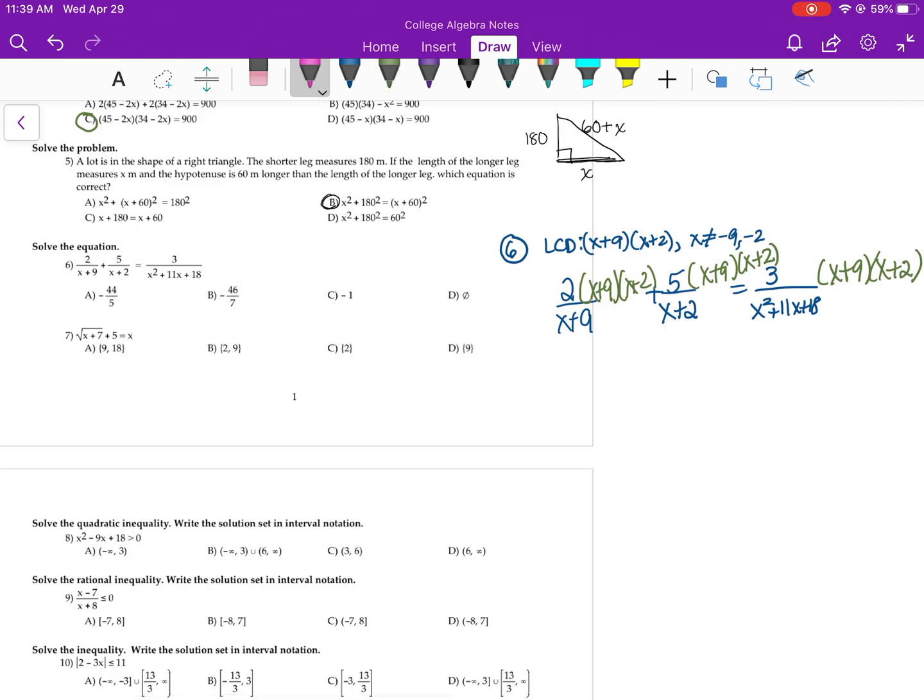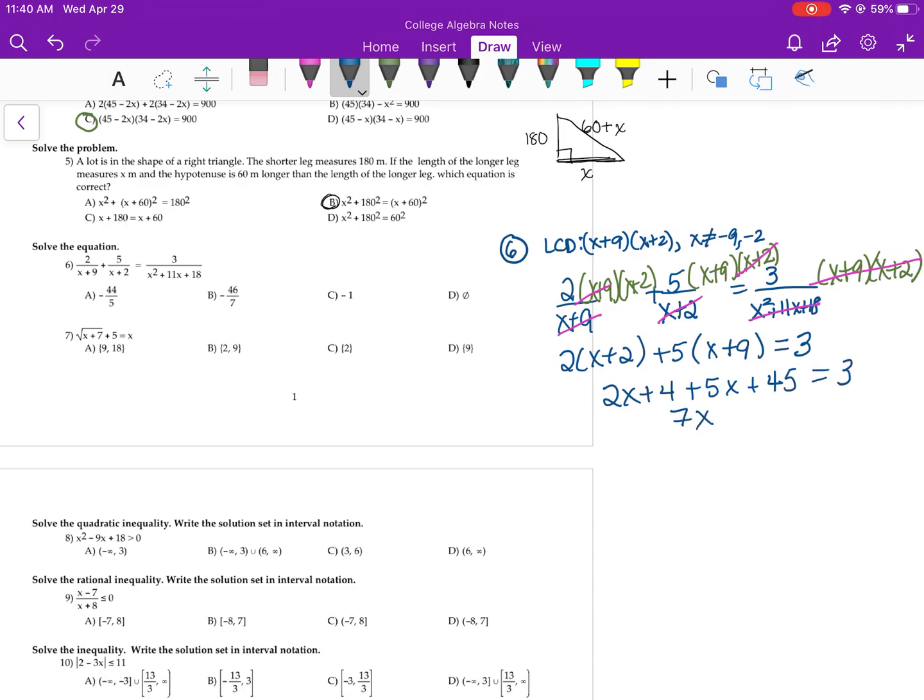Okay, what happens? Well, these divide out, and that whole group is that whole group right there. And then we just solve for X. And the answer here is B.